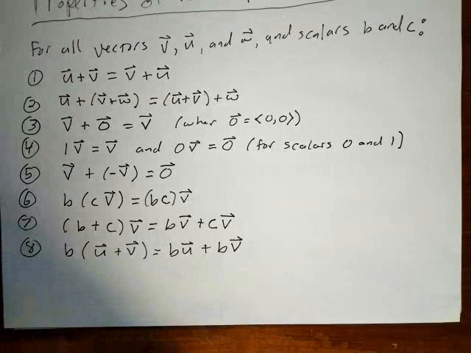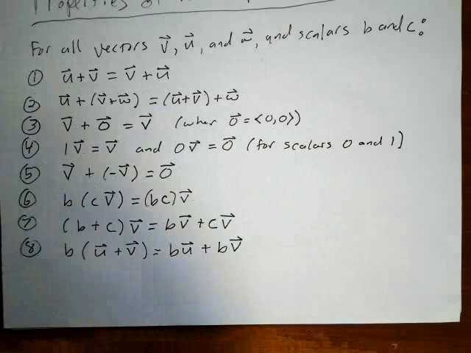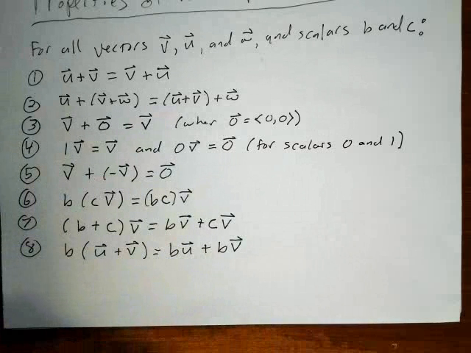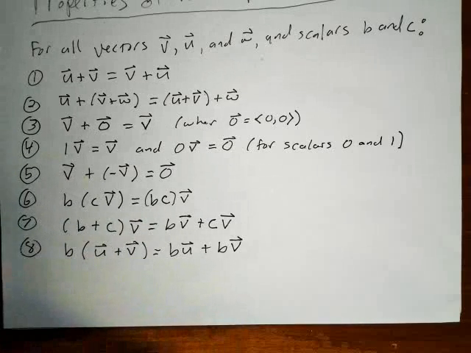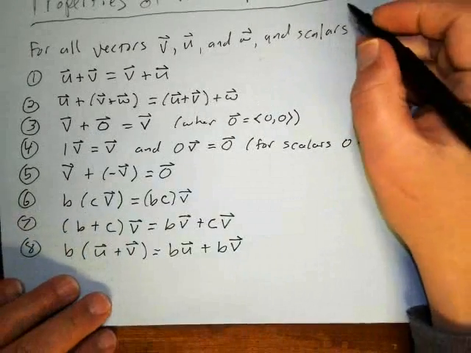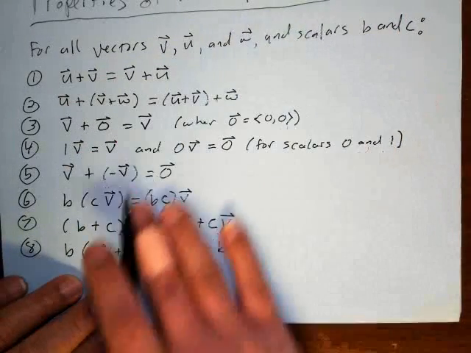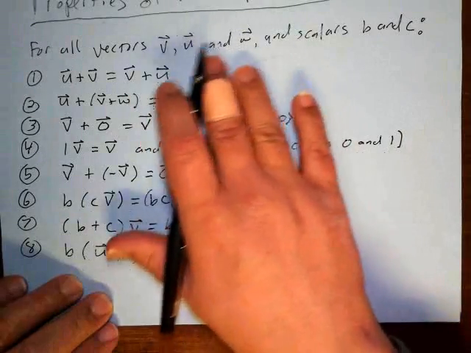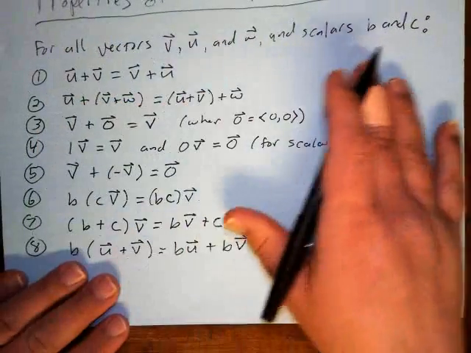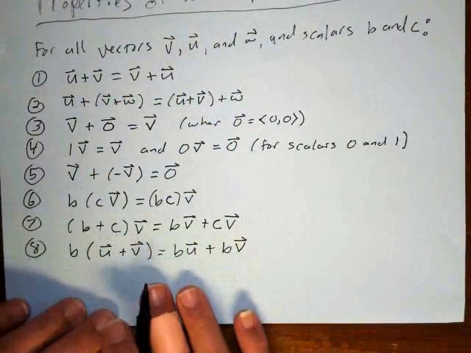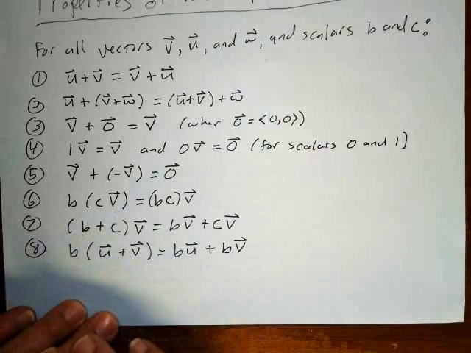Now, all these properties, as you work with vectors, you can take advantage of in different ways. But there's a deeper thing at work here, and that is this idea of vector spaces. Basically, if you have a set of vectors and a set of scalars, any set of vectors and scalars, such that these properties hold, then you would say that it is a vector space.